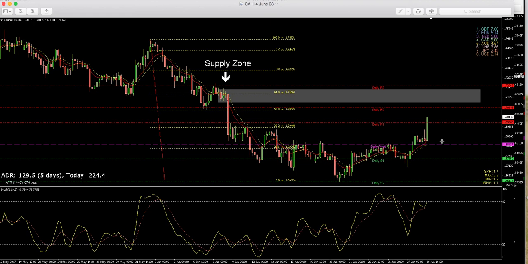Right about here at this level is where the daily open was, and so price had been trading this day anyways above the daily open mostly.